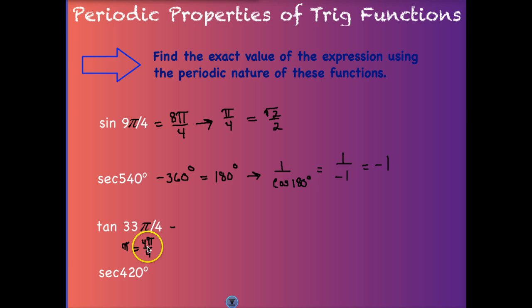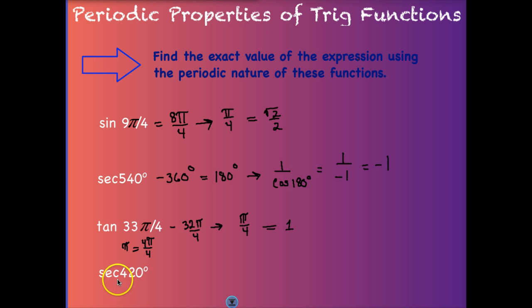So we can pull out 8 times 4, we can pull out 32 pi's over 4. And then we get a remainder of 1 pi over 4. So all we have to do then is determine what the tangent is at pi over 4. And we know that the tangent at pi over 4 is y over x, or root 2 over 2 divided by root 2 over 2, which is just 1.